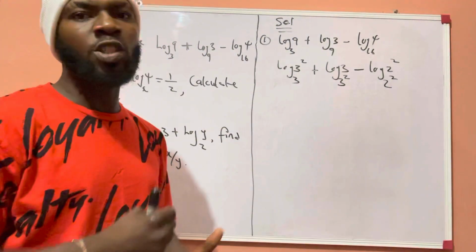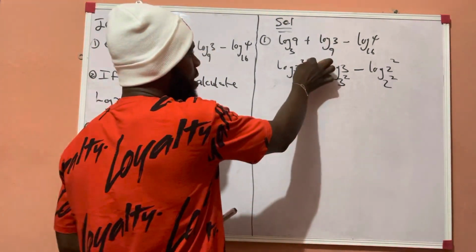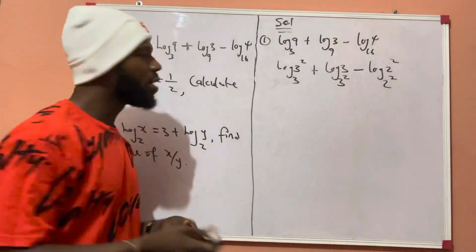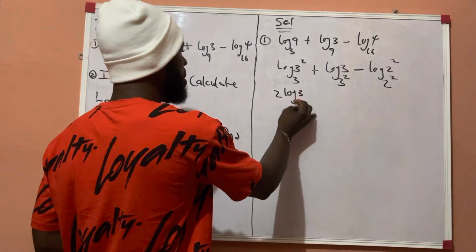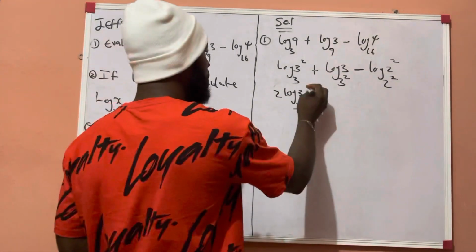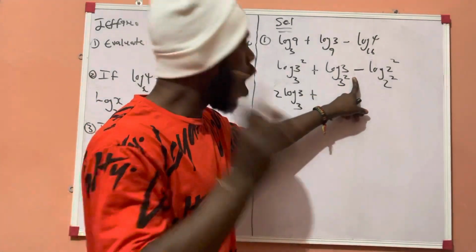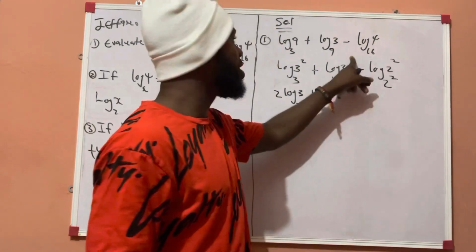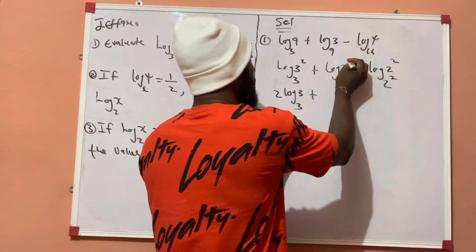Now, coming back to the laws of indices, which is called the power law, we said that when the number carries a power, the power goes to the back. So here becomes 2 log 3 to the base of 3 plus. Now, the base is carrying power 2. Also, the number is carrying a power, but the power is not written. What power is there? Power 1.